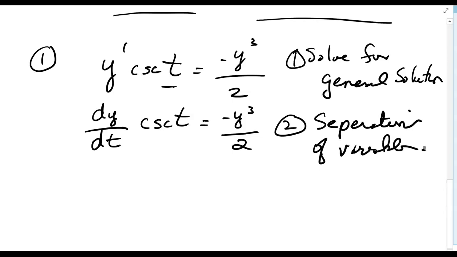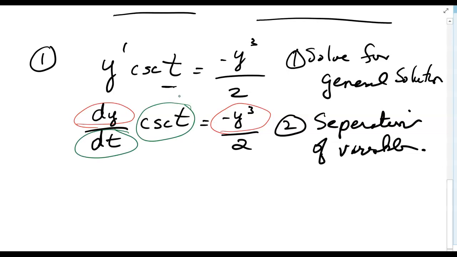Separation of variables. This is essentially what is in section 9.3 if you read 9.3. Anything with my y's needs to be together on one side of the equation, and anything with a t needs to be together on the other side of the equation.